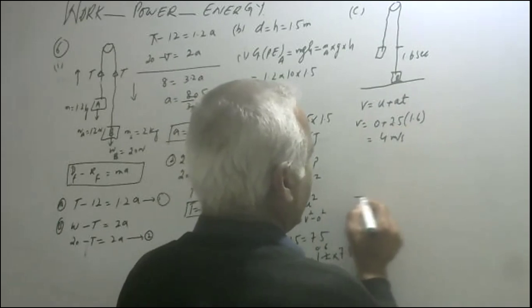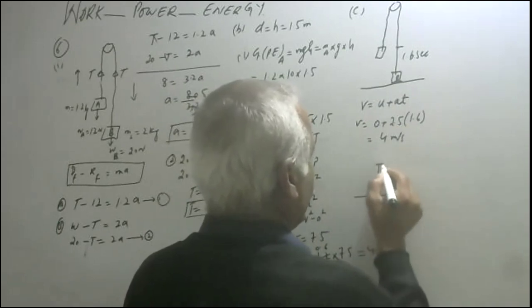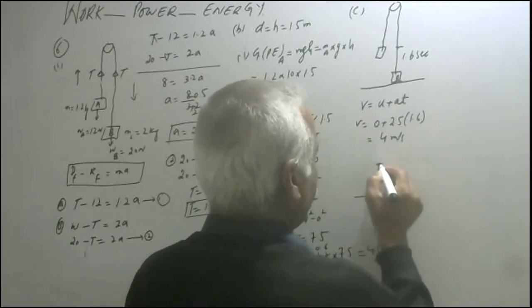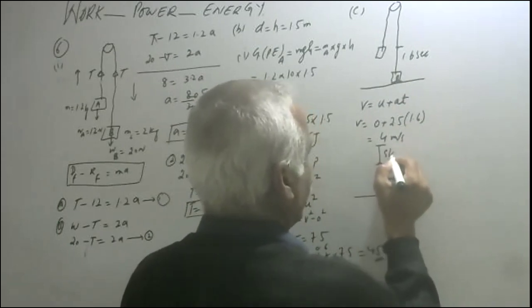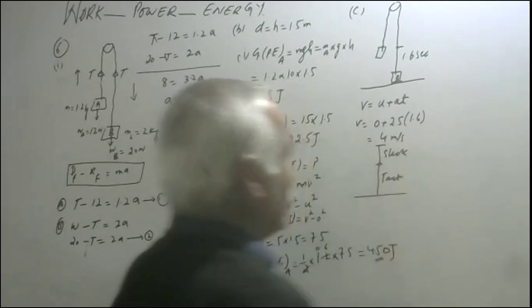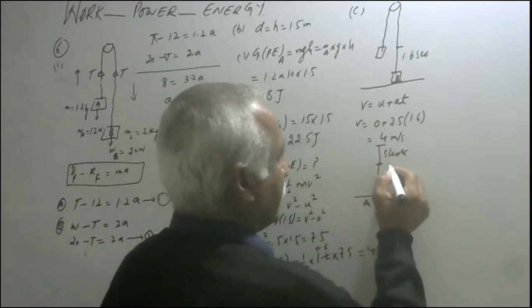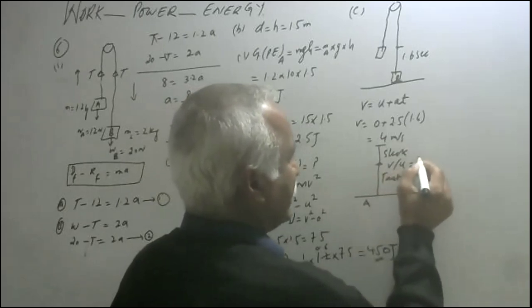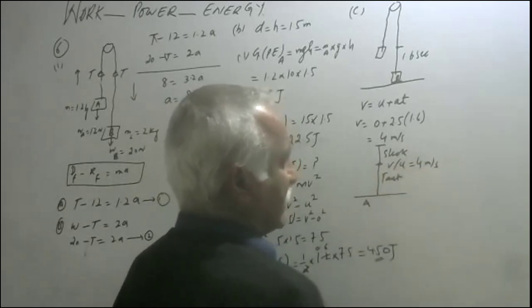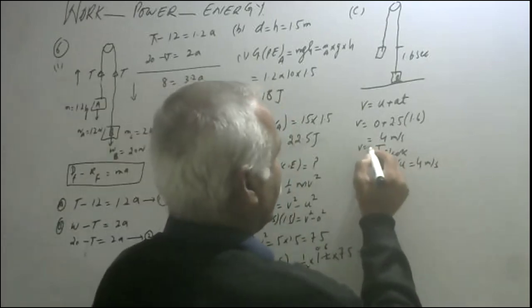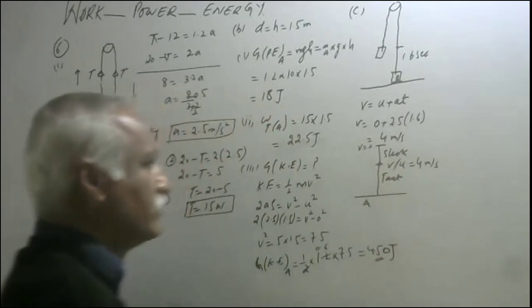So a particle will move from this to this part when the string is taut, and from this to this part when the string is becoming slack. So for this particle A, this final velocity will become the initial velocity, and that is also 4 meters per second. When it reaches the highest point, its velocity would be equal to 0.